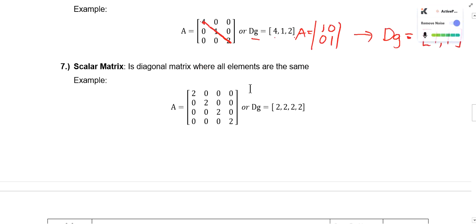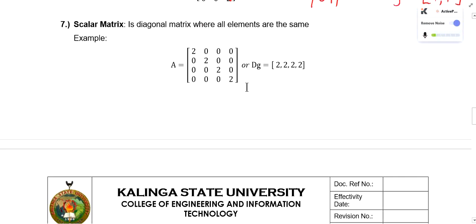Next, we have here the scalar matrix. It is a diagonal matrix where all elements are the same. When we say scalar matrix, all the diagonal elements are the same. In our example, our diagonal is all 2, 2, 2, 2.